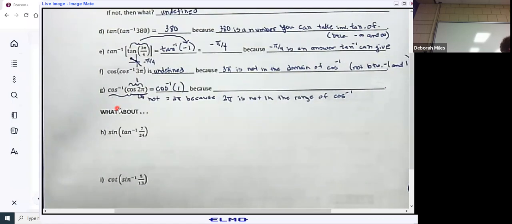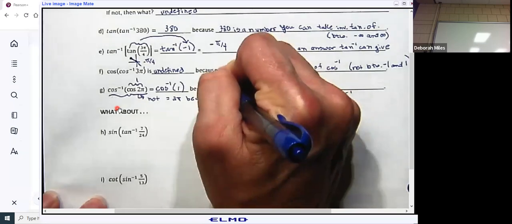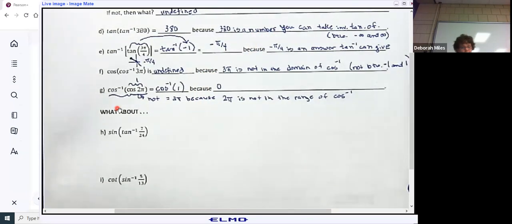What's another name for the angle where cosine is 1 other than 2 pi? You can also call it 0. And that is an answer inverse cosine can give us.